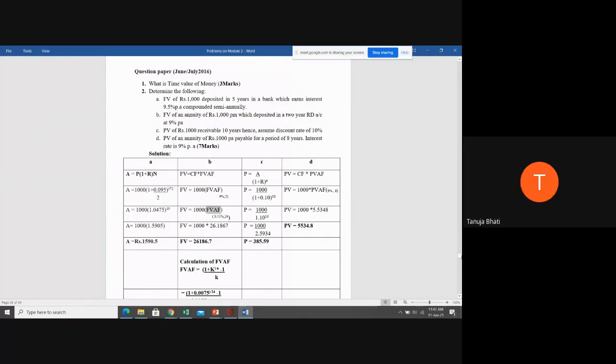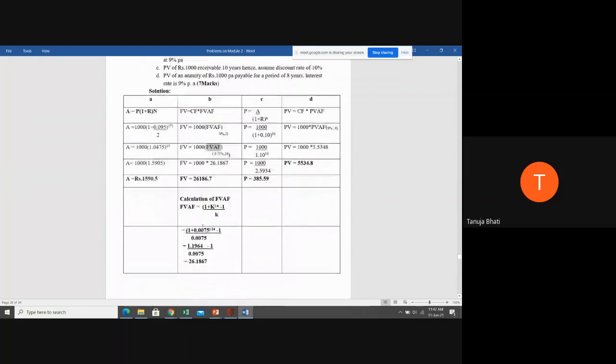So we are using the formula for calculation of the future value annuity factor. I'm just substituting the figures in the formula: 1 plus k, where k stands for the rate of interest, to the power of the number of periods, that is 24 months, minus 1, divided by k.